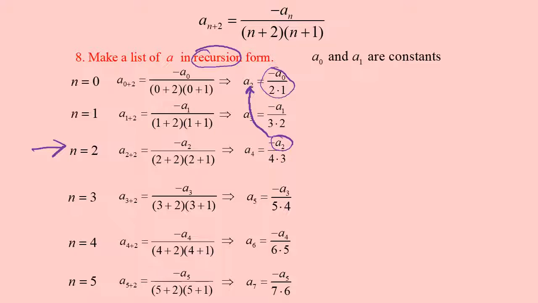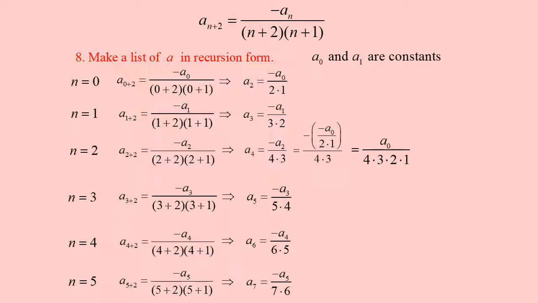So we're going to take this a sub 2 and replace it with what we found back in the first step, and then simplify that. And then we'll do the same thing with the a sub 3. A sub 3, we say right here, and so we're going to replace this a sub 3 with what we had said earlier a sub 3 was, and simplify that.